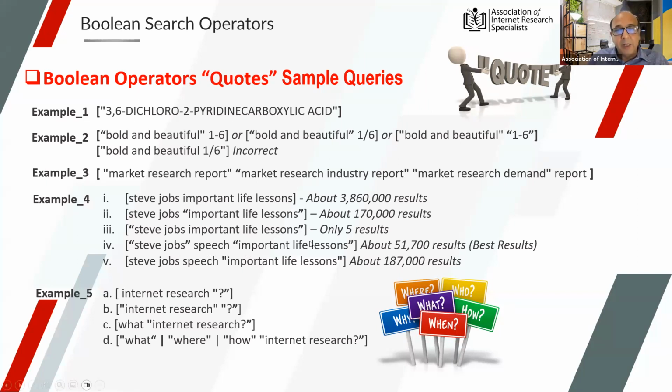What really gave incorrect or not as satisfactory results in number 3 is that the statement inside of quotes includes the title of the speech, important life lessons, in continuation from the name of Steve Jobs, and it would not necessarily connect together as one long sentence to compare with the content pages.